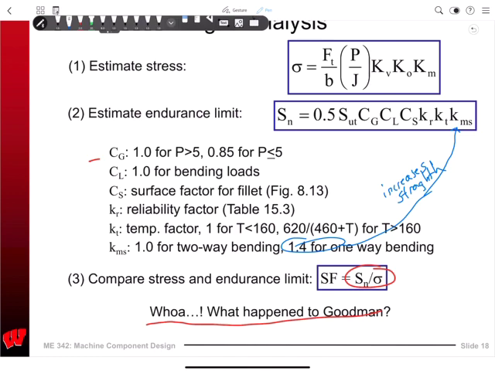Now, did it increase the strength or did it reduce the effect of the two-way bending? It's the same thing. Algebraically, it's the same thing. So for gears in general, our factors increase stress, but our factors also increase strength, right?